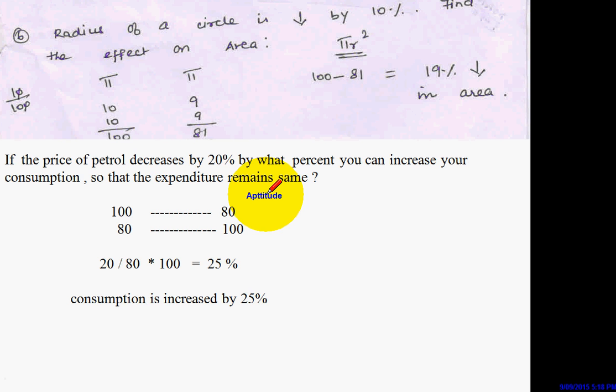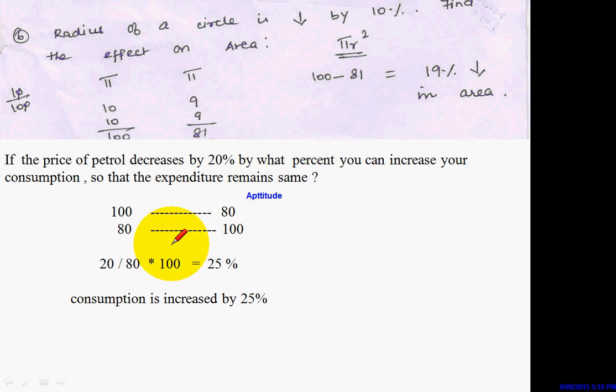Some guys, what they usually do is straightforward, they'll write the answer as 20%, because the price of petrol decreases by 20%. The assumption they have is initially consumption is 100, it decreases by 20%, so it becomes 80, and again, the price of petrol is 80, so the consumption will be 100, vice versa, and immediately they see okay the difference is 20, so the answer is 20%.